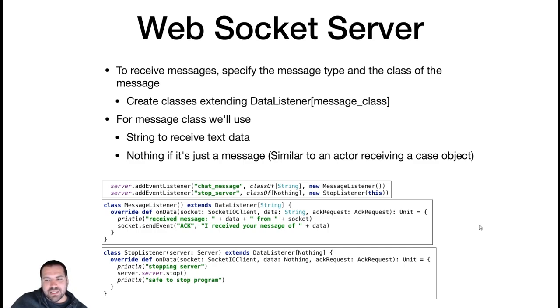Are these classes in the server class or separate? I define them in the same file, but you don't have to do that. They could be in separate. Wait, let me answer the question more directly. They are separate classes. I happen to define them in the same file, but they can be in separate files as well. But I have them as separate classes. They could also be in the class.